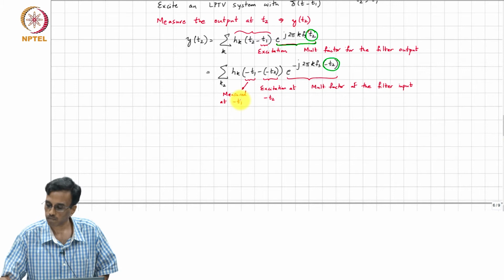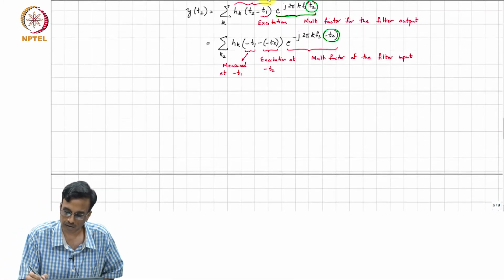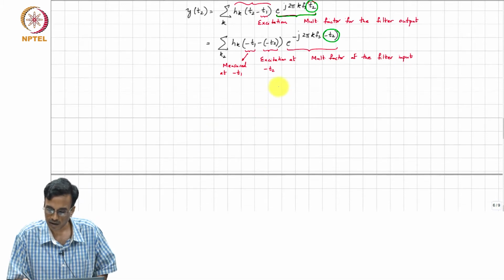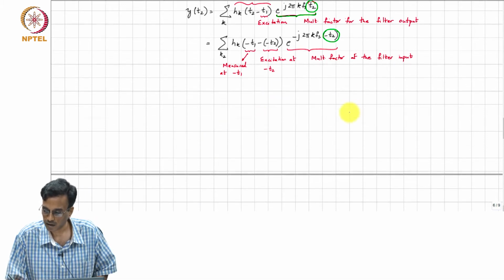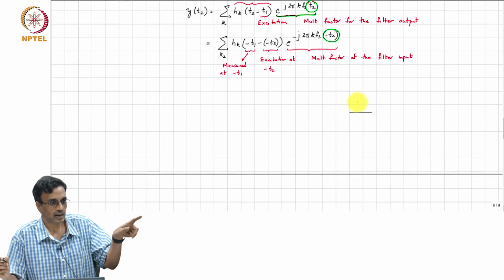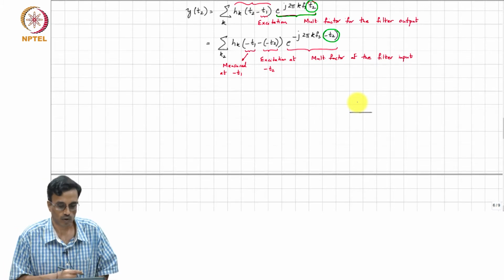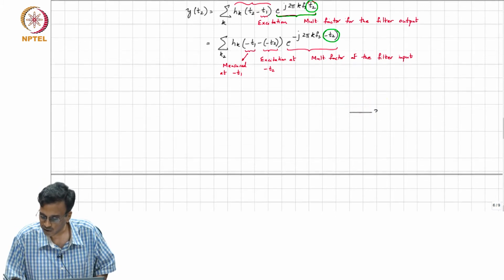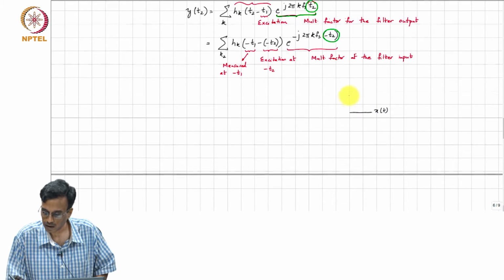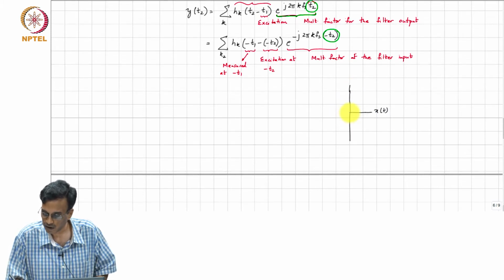All right. So, if you now draw the block diagram of this, how will it look? Just for the sake of argument, I am going to put the input on the right side and draw the output on the left side. So, x of t goes into a bunch of arms.